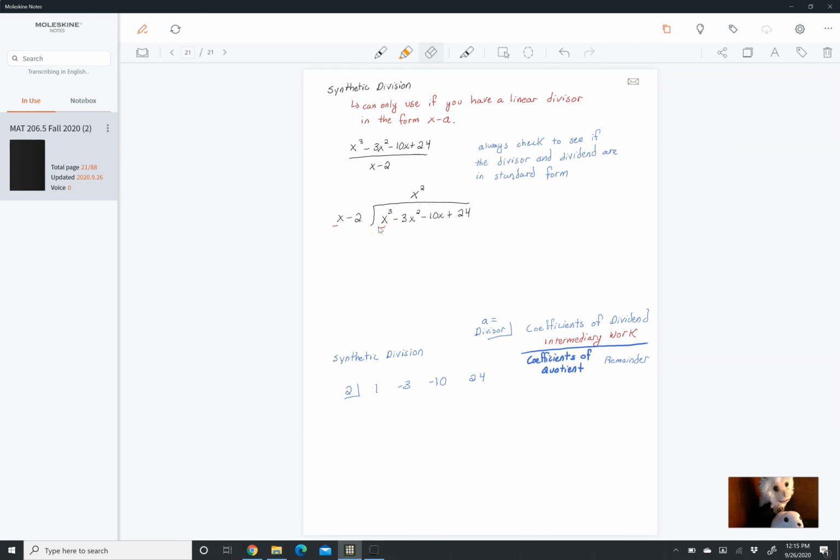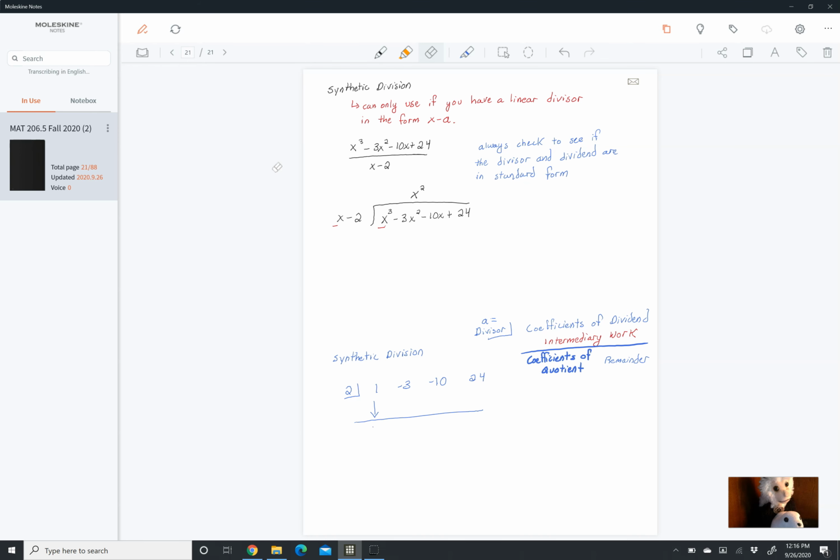That will actually always be true. If this had been a 2, then we would have been saying 2x squared. So since the coefficient of the dividend and the coefficient of the quotient match, what we can do is just bring down the 1 here. So in our synthetic division, this 1 is just brought down.